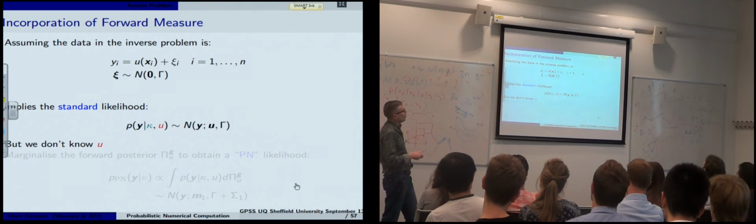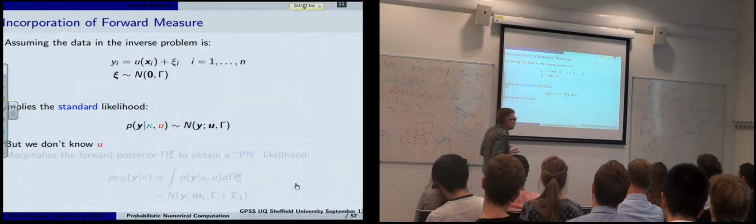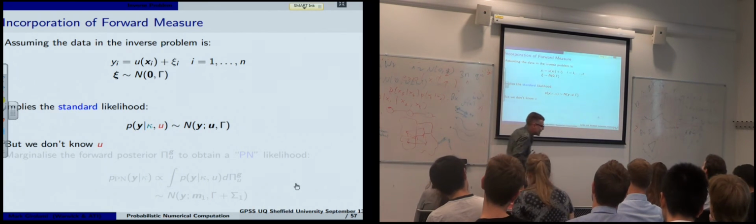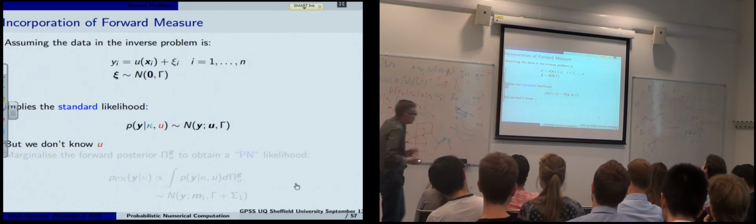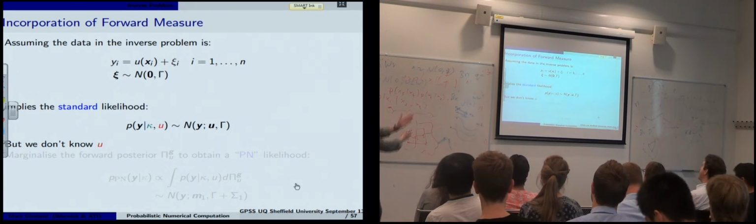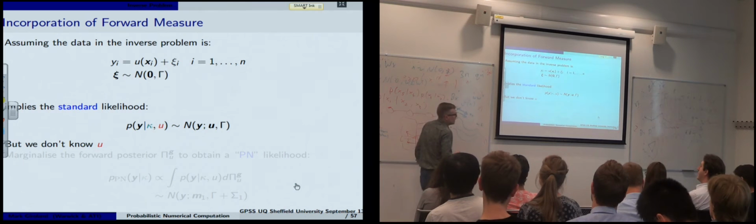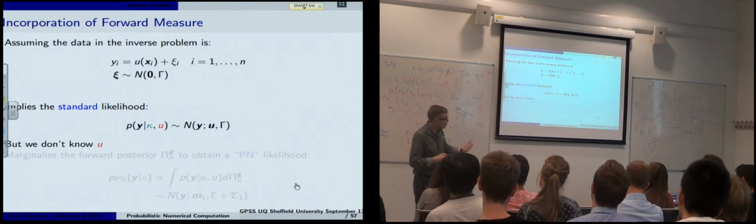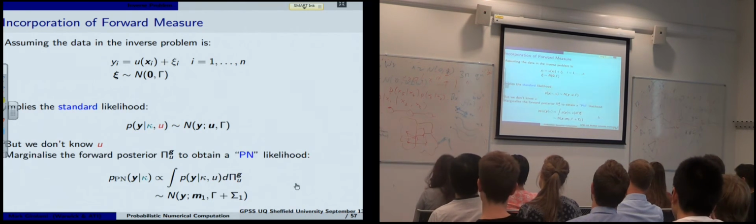Now, of course, we don't know u. So we can't close our eyes and just say, well, we'll just replace u by u hat and hope for the best. If you do, then you see the sort of biased and potentially overconfident inferences you could make.